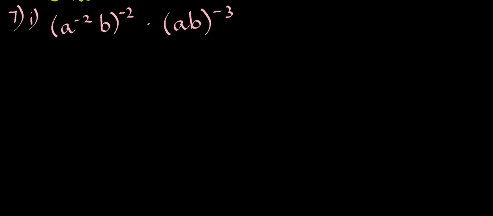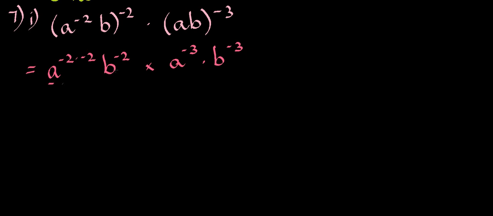Now what happens over here? We are going to multiply this minus 2 individually to each term. So we have a raised to minus 2 into minus 2 and b raised to minus 2 multiplied by a raised to minus 3 into b raised to minus 3.